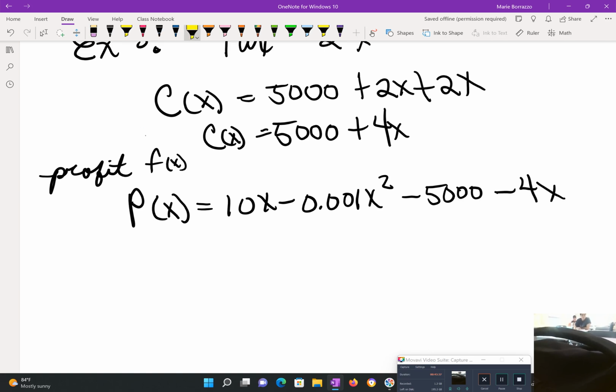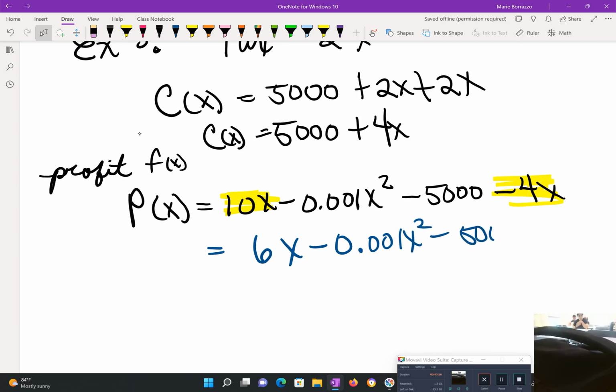When you see me write 6x, it's coming from here. So this now becomes our new profit function: 6x minus 0.001x squared minus 5,000. That's your P of x.